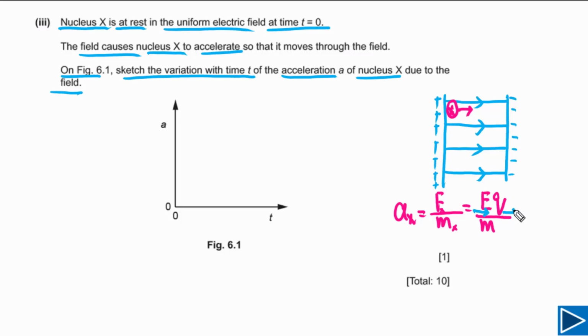Q is the same because the charge on the particle is not changing. M is the same, so M is not changing. So it simply means that X has uniform acceleration. Acceleration is constant. It will not change with time. So we can draw a horizontal line, meaning the acceleration of particle X is constant. That's all you need to do. If you draw this horizontal line, you will get 1 mark.